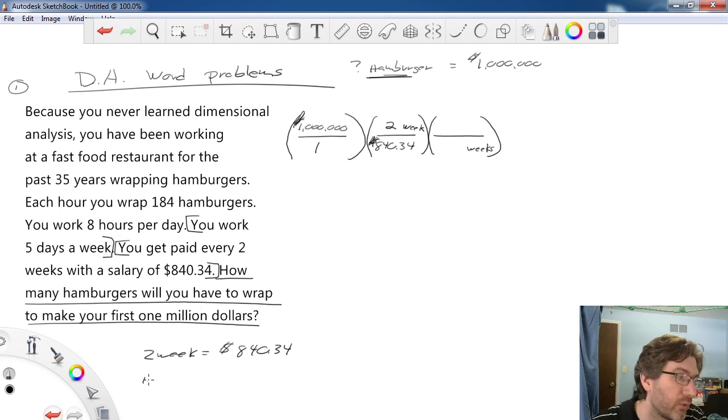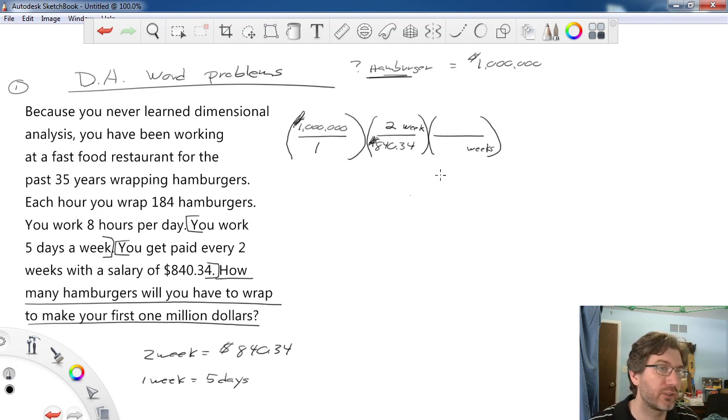So I know that 1 week is equal to 5 days in this case. Just be careful, because normally you might think that a week is 7 days, but if it's a working week, you're really only working 5 days out of the week. And if you're working full time, that's only 40 hours out of your whole week. So we are going to work 1 week for 5 days.